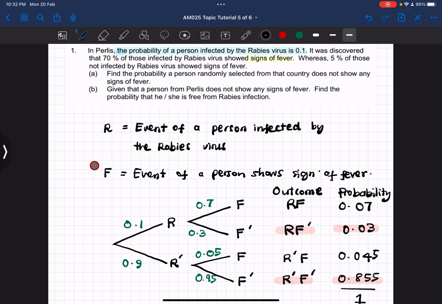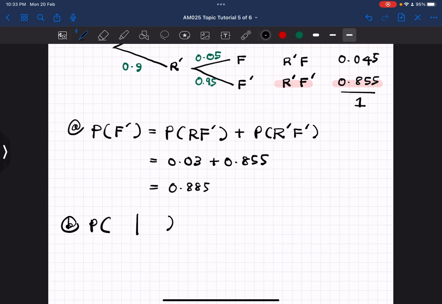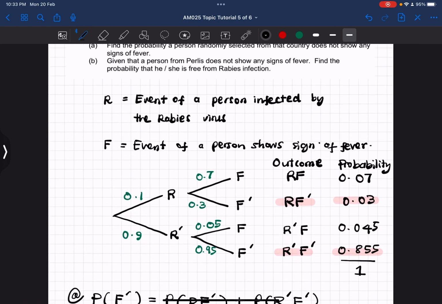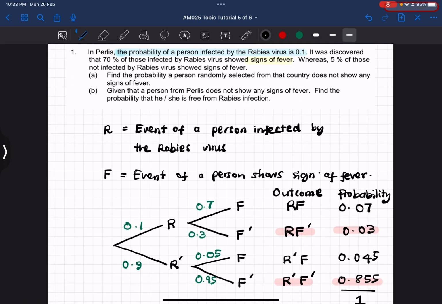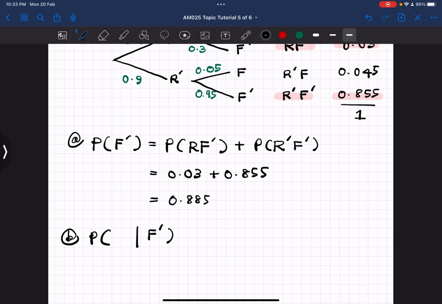What's the event again? The person from Perlis does not show any signs of fever, which is the complement of F, so it goes at the back here. And what is the question? Find the probability that he or she is free from rabies infection. Free from rabies infection is the complement of R.